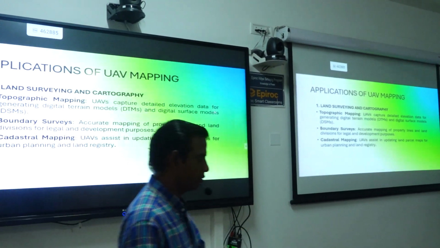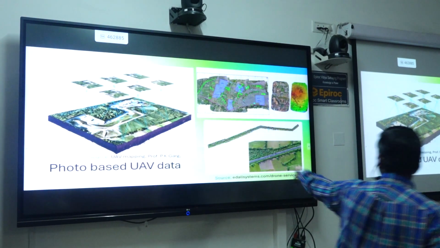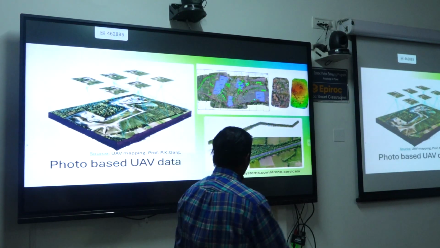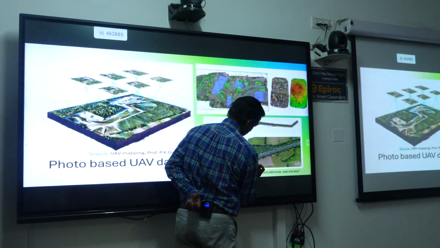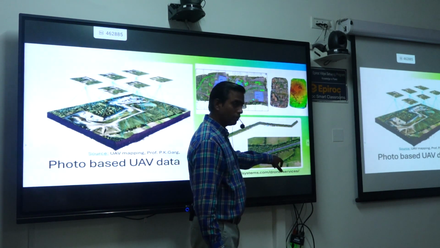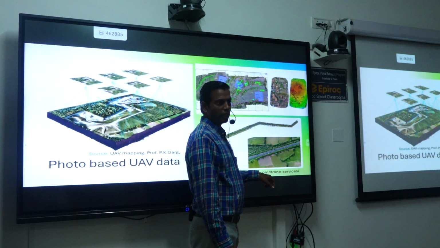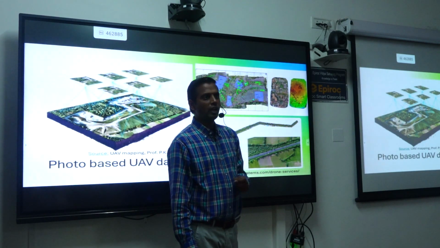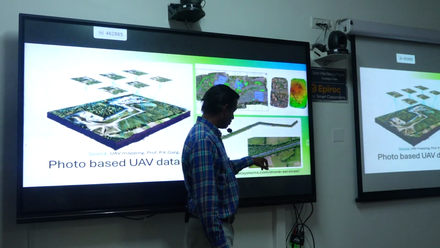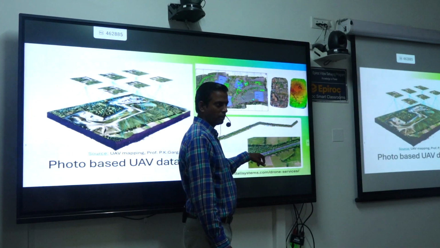If you see this one, this is one of the best examples for topographical mapping. Can I find the area of this parcel? To find the area of this parcel using ground-based instruments, first of all you carry your tape, tape measurement.